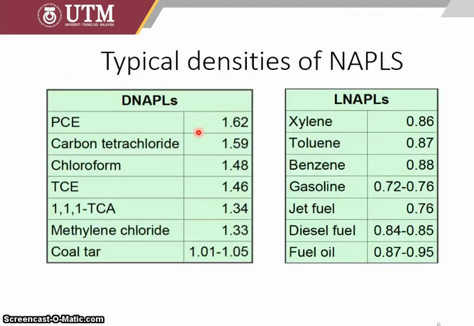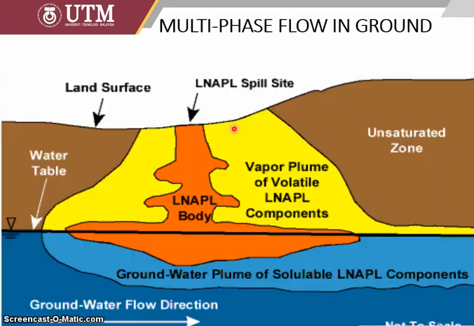This is the typical density of NAPLs for the dense and also for the light ones. You can see toluene, benzene, diesel fuel, and so on. On this side, we can see PCE, TCE, coal tar, and so on. The denser the NAPL is, in theory, the further the contaminant can transport in the ground and in the water.